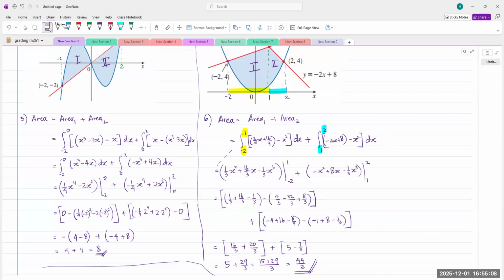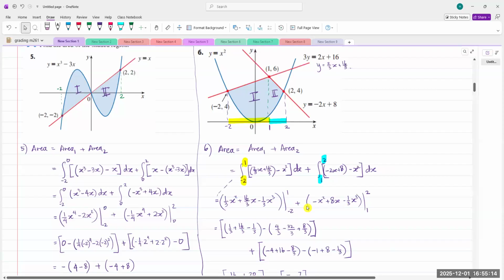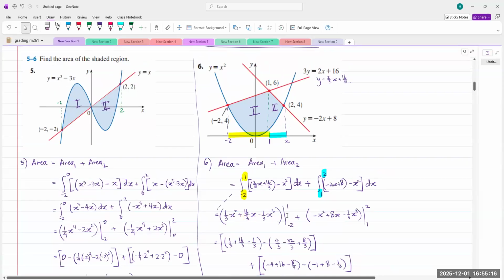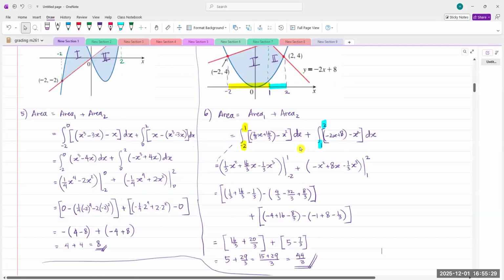So make sure you slow down on your setup such that when you're done, you can compute the integration with confidence. If your setup is incorrect, whatever you do after that will be a waste of time. Okay, that's for number 6.